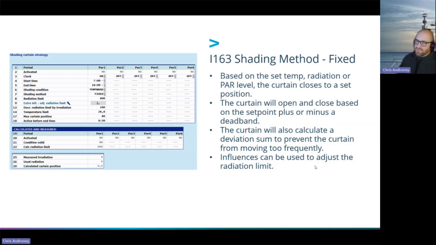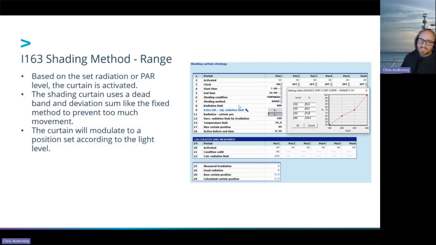And influences can be used to adjust the radiation limit as well. Our next method is I163, so shading method of range. The way that the range works is based off of the set radiation or PAR level the curtain is activated. The shading curtain, again, is going to use a deadband, a deviation sum like the fixed method to prevent too much movement. And then the curtain's going to modulate to a position set according to the light or temp level.